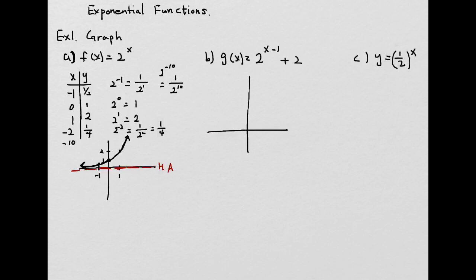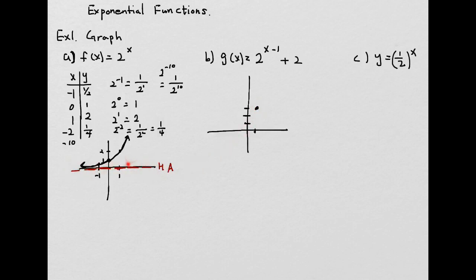So before it was 0 and 1, now it's going to go up 2 and move right 1, so it will be this point. It was 0 and 1, now 1 and 3, right? That will be the point.